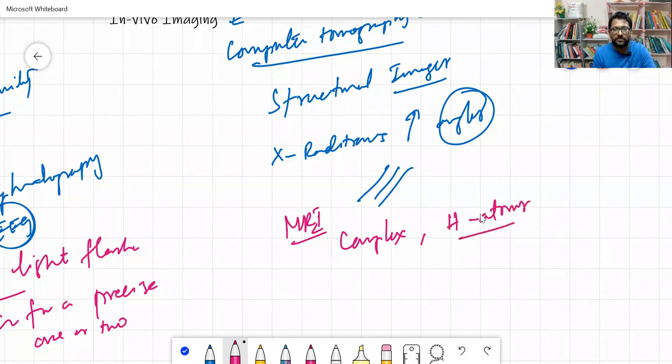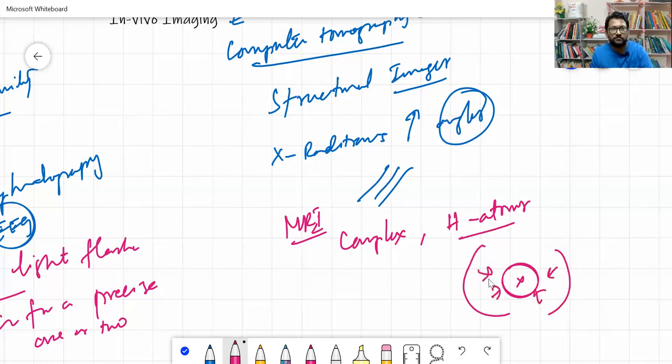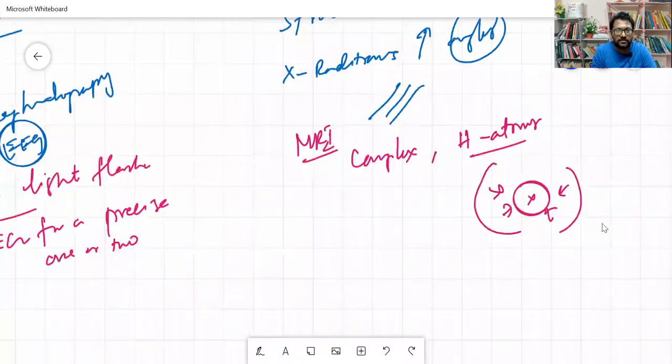The hydrogen atoms are bombarded with radio waves in a very strong magnetic field, and the time they take to respond is measured. So there is a magnetic field around the scanner, which is measured in MRI scanning.